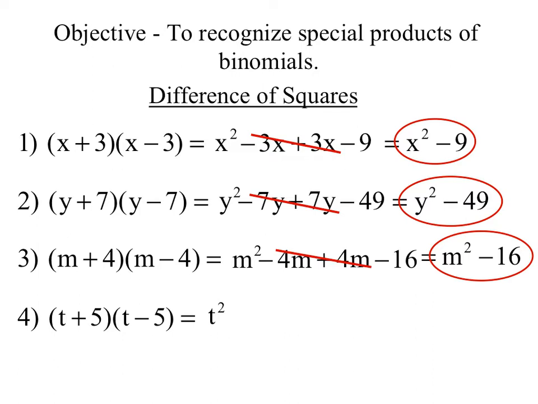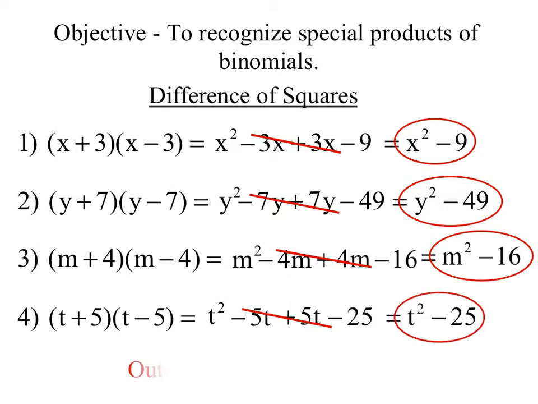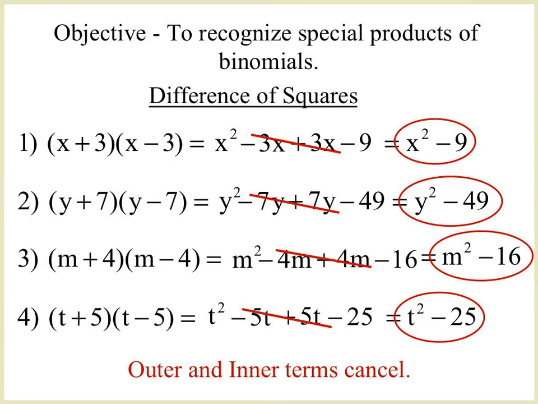Same with t squared minus 25. So what ends up happening is my inner terms and my outer terms, x times negative 3, negative 3x, and 3 times x, 3x, end up getting canceled out because they are additive inverses.